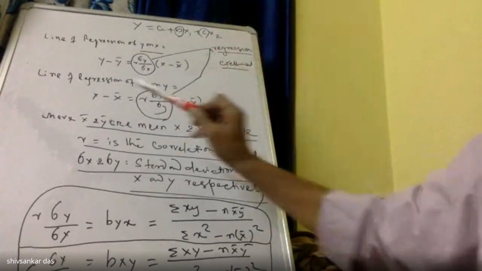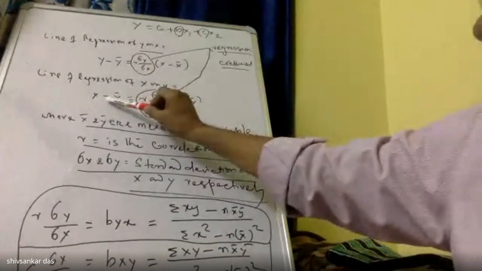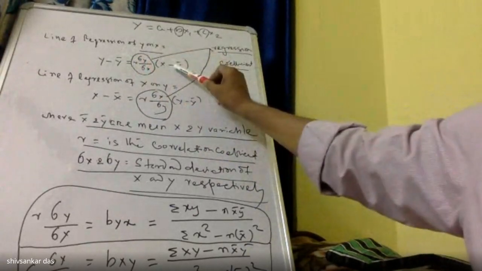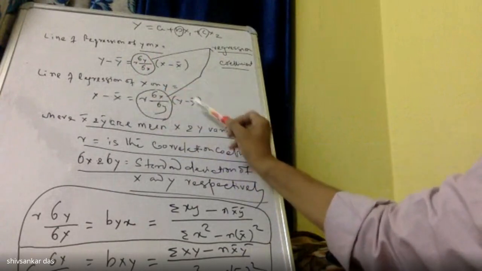Similarly, the line of regression of x on y. Here it was y on x, here it is x on y. Y will be on the right side.